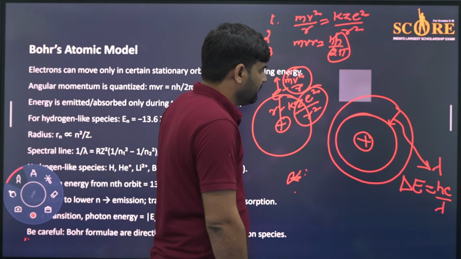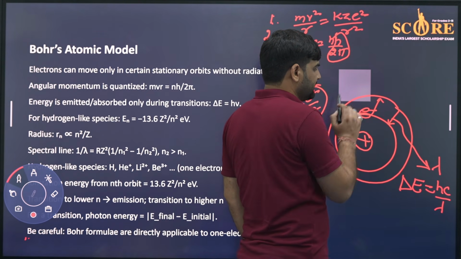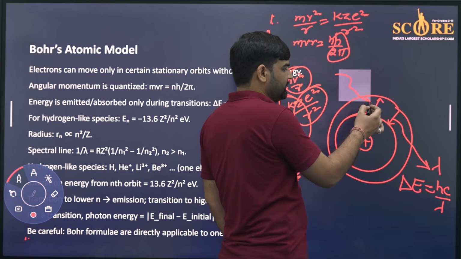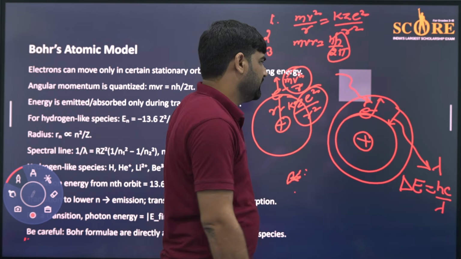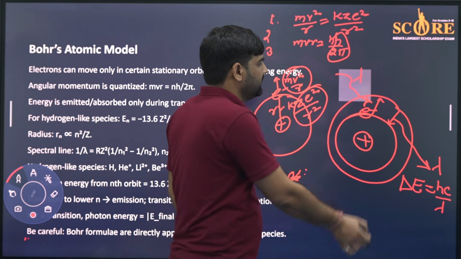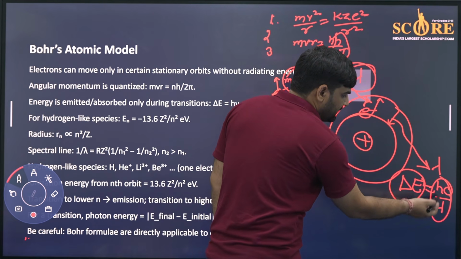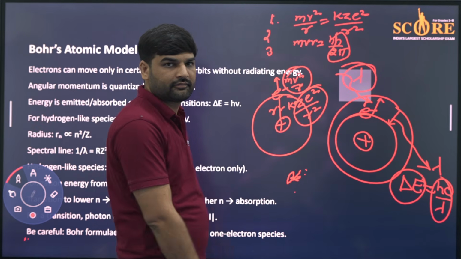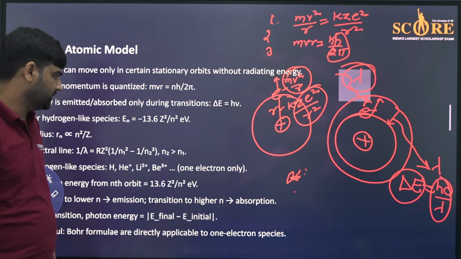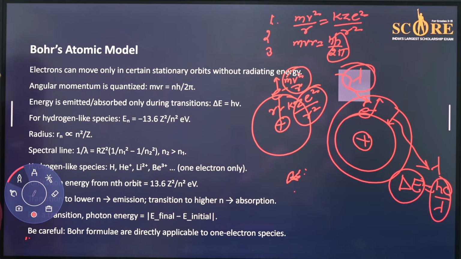When this electron goes from lower to higher energy level, then it will absorb energy. Energy absorbed means some photon having wavelength lambda, and you can write delta E equals hc by lambda. Lambda is wavelength of the photon. So these are the points related to Bohr model.